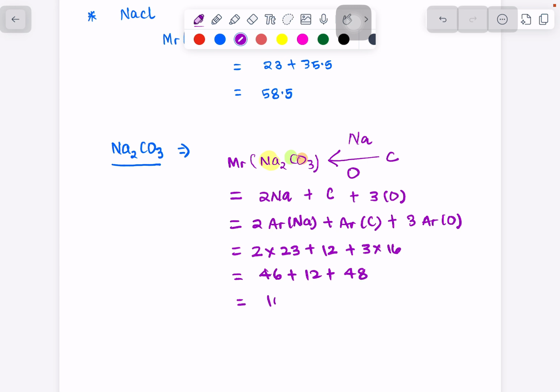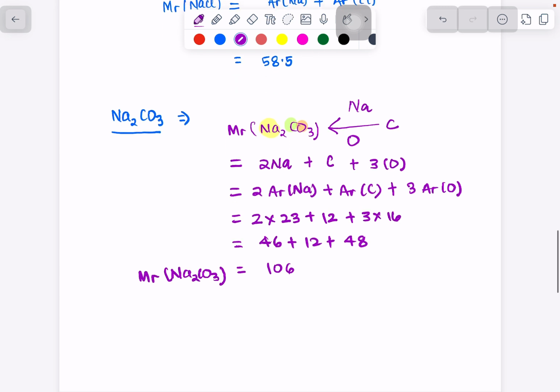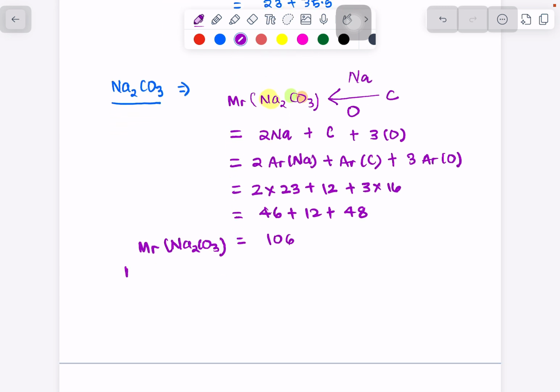So it comes to 106. So the relative molecular mass of sodium carbonate is 106. Or you can say the molecular mass of sodium carbonate is 106 gram per mole.